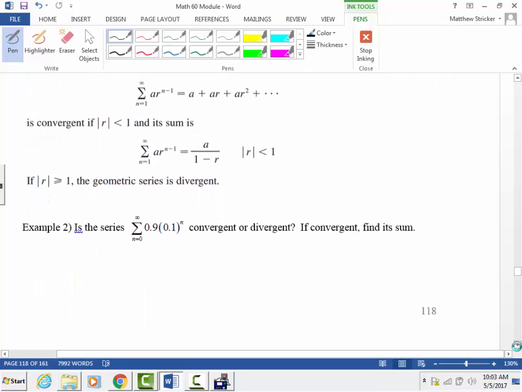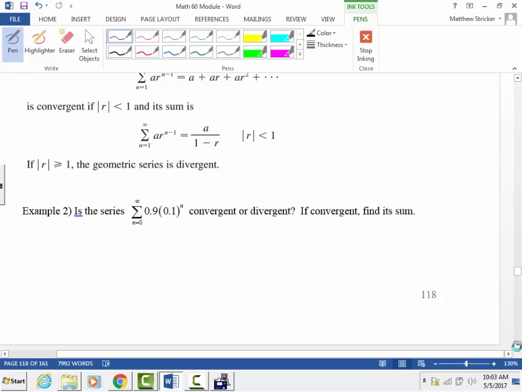What is r for this example? Or what is r and what is a? a is equal to 0.9 and r is equal to 0.1.